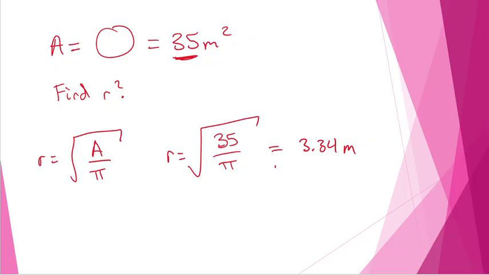So it's always best to start off by writing out the formula first and then substitute after. So I substituted A is equal to 35. And if you just type this in your calculator, you'll get a number. And this is what your radius equals, okay? So that's my radius of a circle in this case. So don't stress too much.